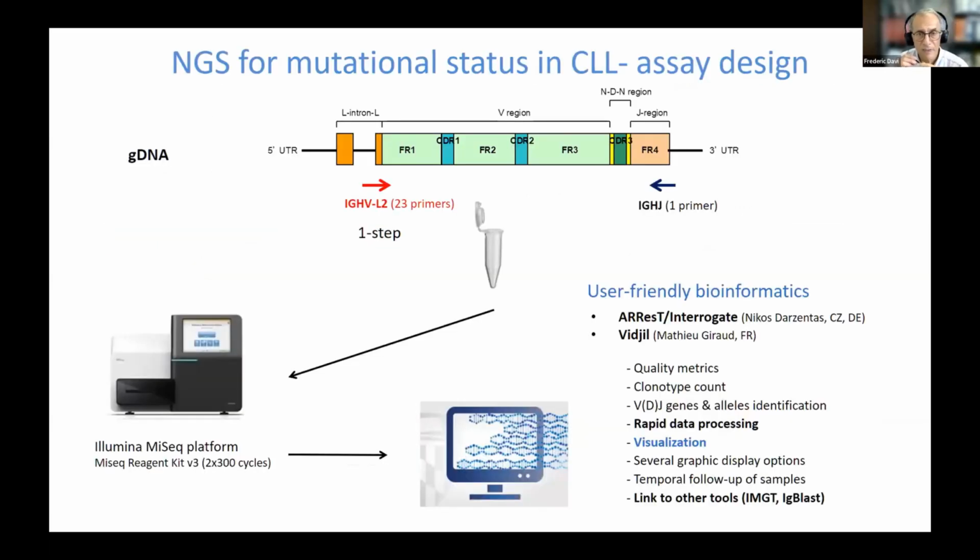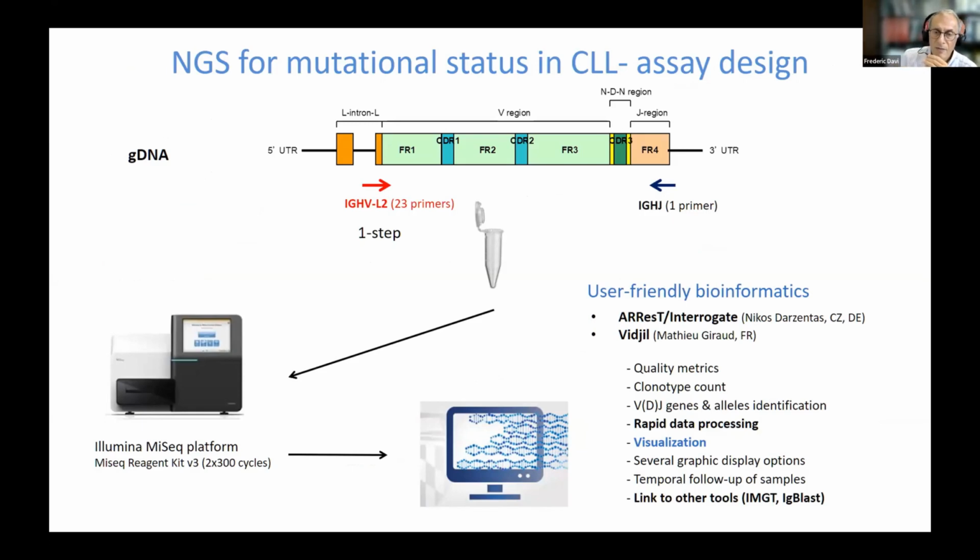So we decided to set up an assay starting from genomic DNA. And we spent a lot of time designing the primers on the L2 part of the leader. So the assay includes 23 V primers and one J primer. It's a one-step PCR, and because of the length of the PCR product, we use a MiSeq platform with 600 cycles.